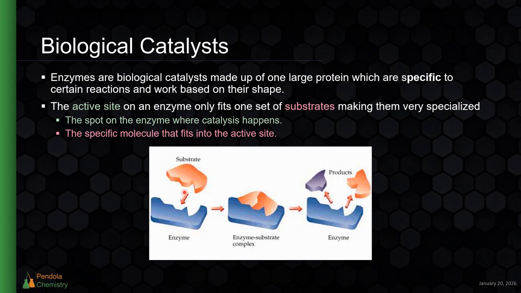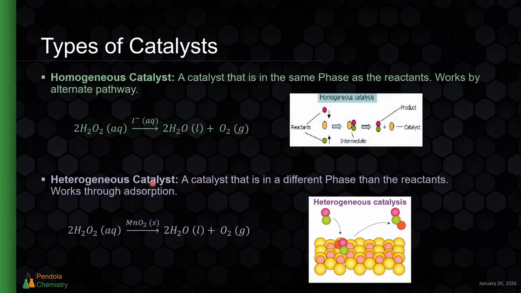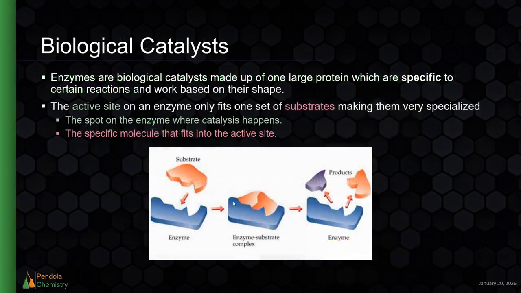A perfect example of this is that same reaction we saw earlier, that decomposition of hydrogen peroxide into water and oxygen. There is an enzyme in your body that can help that reaction happen. That enzyme is called catalase. Actually, I think this is an S, not a Z. I am not the best with spelling.